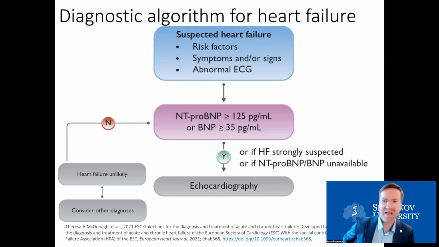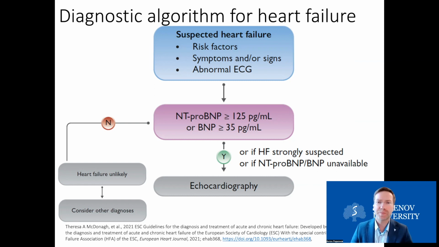So the diagnostic algorithm of heart failure is based on analysis of symptoms and signs, risk factors, and then we need to prove heart failure with two methods, with the lab test on NT-proBNP or BNP and echocardiography. NT-proBNP or BNP, brain natriuretic peptide or B-type natriuretic peptide, is very sensitive but not so specific for patients with heart failure.